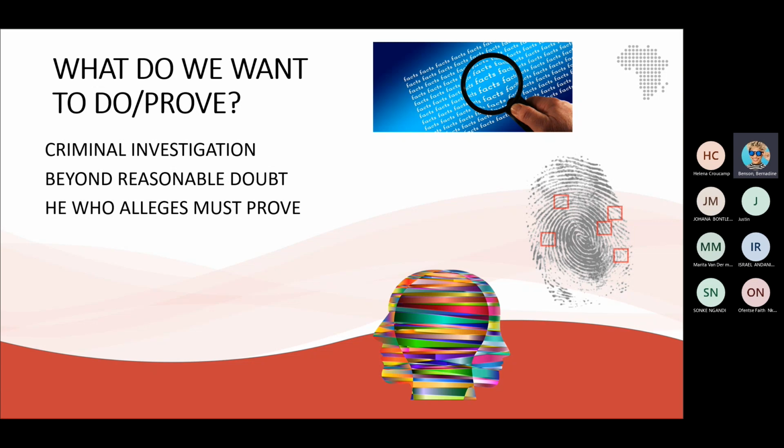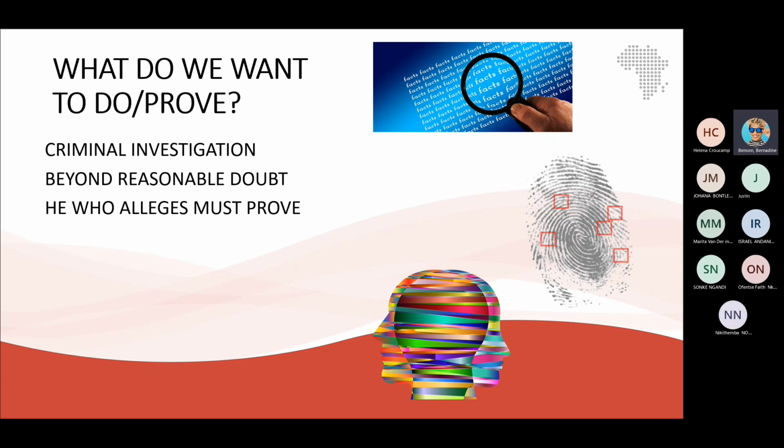So that is the standard of proof that you must provide. And also the onus, the burden of proof: on whose shoulders is the burden to prove? In other words, who is responsible to prove that person A stole a laptop? The one who makes the allegation.